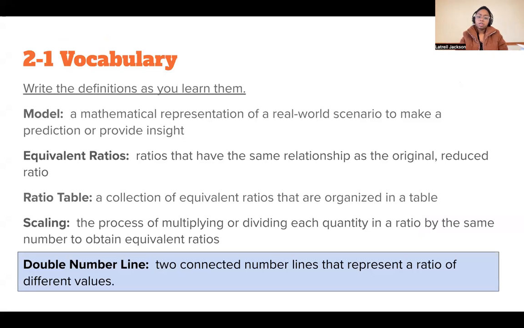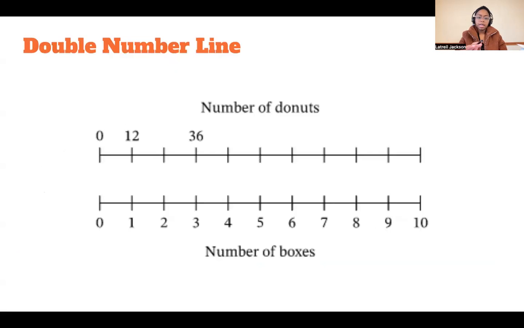All right, our new and last vocab word is double number line. Double number lines are two connected or paired number lines that represent a ratio of different values. So we have a set of number lines here. These are not connected, sometimes they are. These are just paired up together, and we can see that they have different sets of increments.